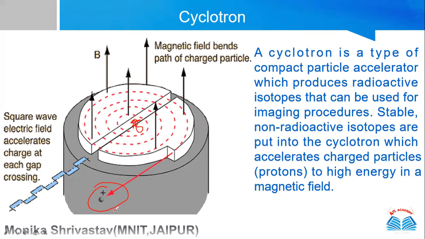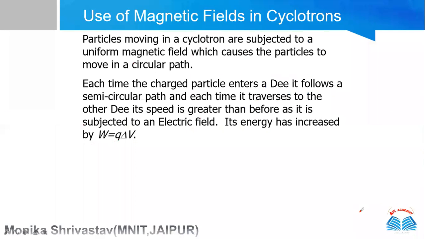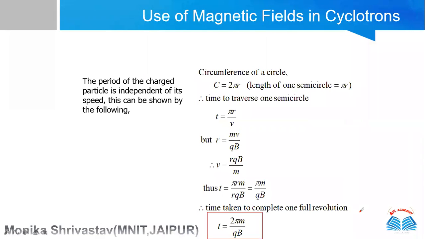And having this huge velocity, when the charge strikes any metal or any substance, we can create some isotopes. So in the cyclotron this process is going on. I will tell you some formulas to solve the questions related to the cyclotron. You know this thing, I have explained it.